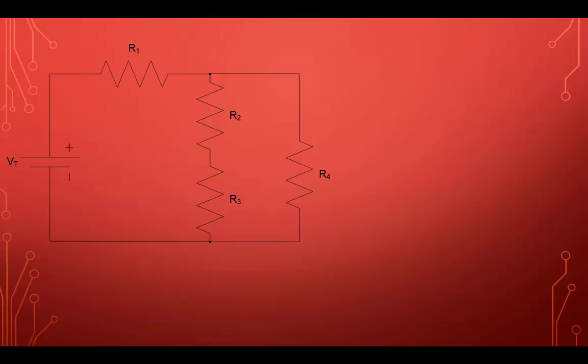So a battery doesn't know what's out there in the circuit. So here's a battery. It doesn't know what's out here, how it's combined. All it does is feel the effects of the combined resistances. And Ohm's law says that that combined resistance in opposition to the force of the voltage results in a certain amount of current flow.